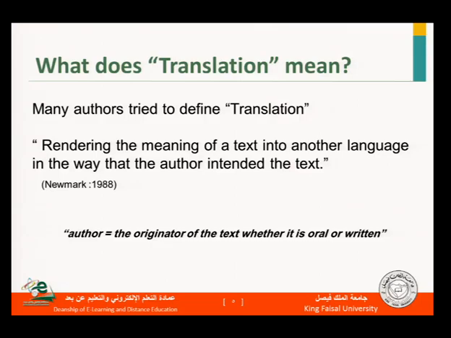Okay, I just ask you to concentrate on 2 major key words. It is transferring the meaning, rendering the meaning, transporting the meaning. نقل المعنى من لغة إلى أخرى. This is translation as a basic. Basically, this is the translation. You want to render the meaning from one language to another.